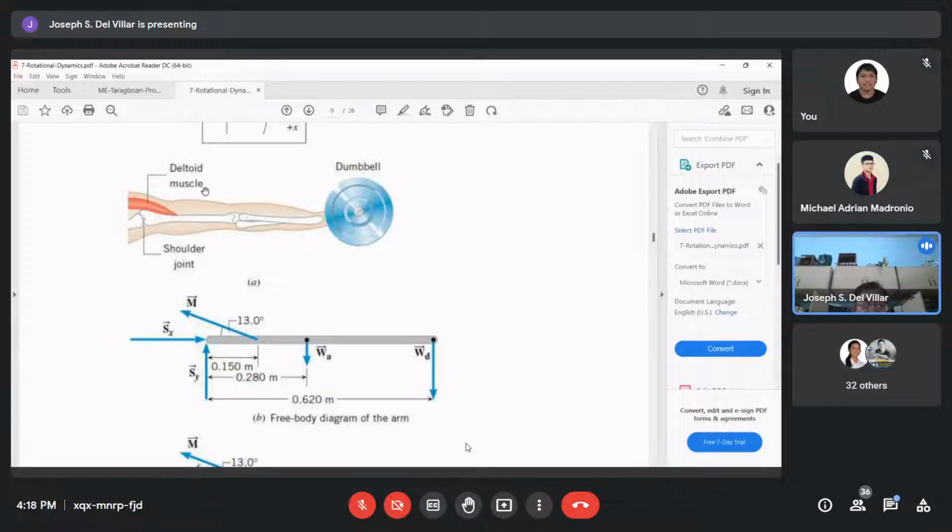Tingnan nyo yung structure ng arm ng tao. Yung malapit sa hand, manipis lang, di ba? Habang papunta ka dun sa shoulder, pakapal ng pakapal ang muscle. Okay? So therefore, if this is the total length of the arm, hindi natin masasabi na kapag hinati natin yung arm, ay nandun yung kanyang center of gravity.